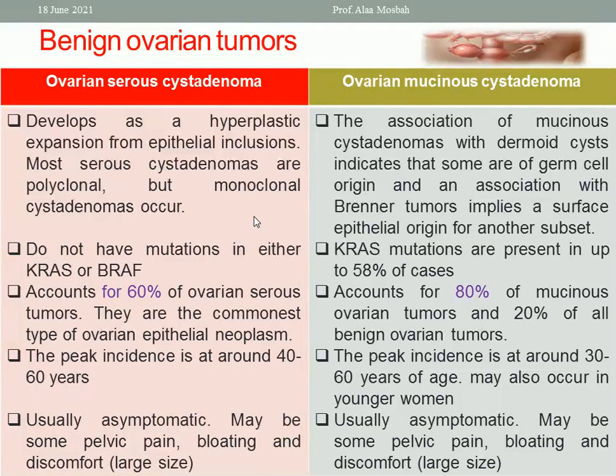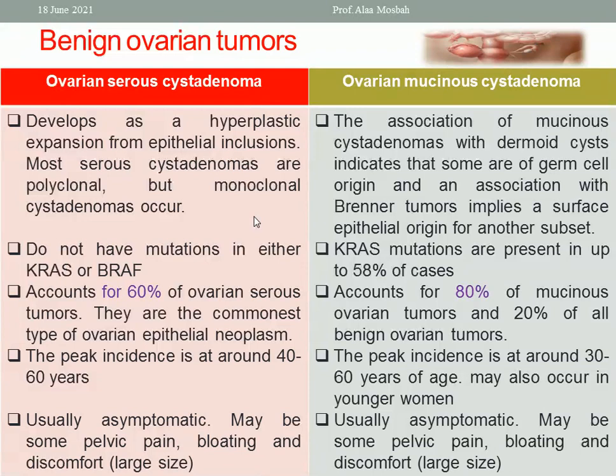They are the commonest type of ovarian epithelial neoplasm also. The peak incidence is around the age 40 to 60 years, and usually asymptomatic, except if reaching larger size, the patient may feel pelvic heaviness, pelvic pain, bloating, or discomfort. Otherwise, usually discovered accidentally during ultrasound examination or during PV and bimanual examination.